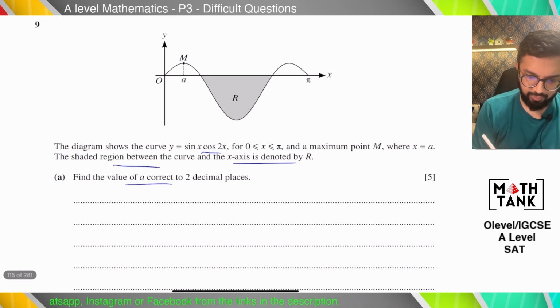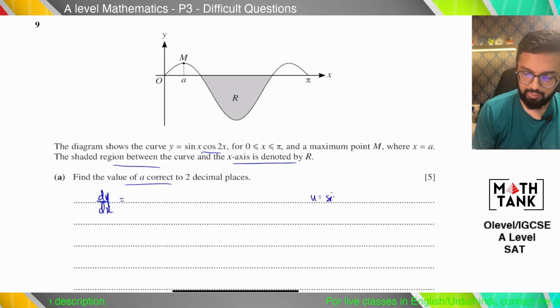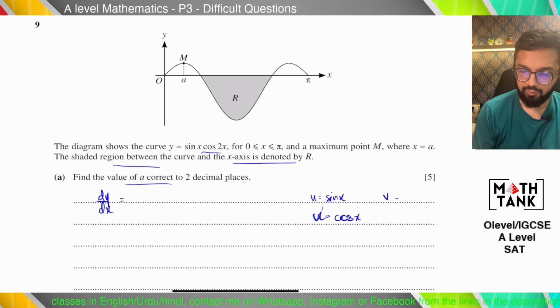Okay, so dy by dx: the differential of sin x is cos x, and the differential of cos 2x is minus 2 sin 2x.